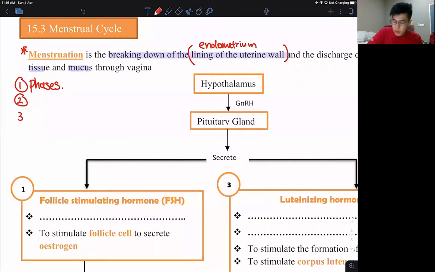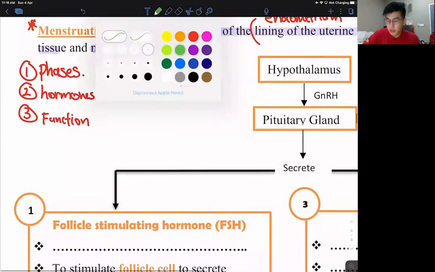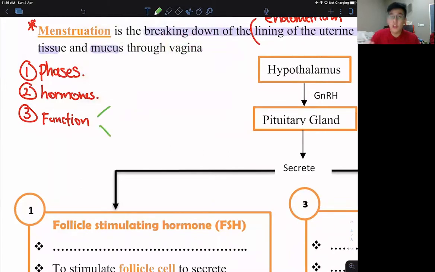And right now, what we're going to go through on this page is what are the hormones involved in each phase, and also the function. Of course, you need to know the function. Now, the function of hormones, to make your life easier, you can remember it in two ways.